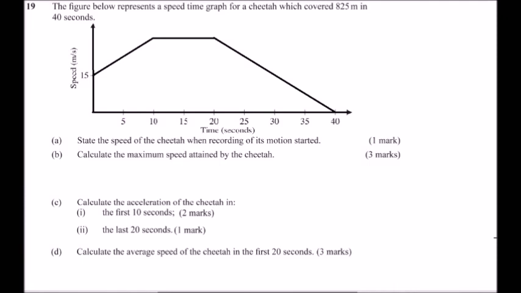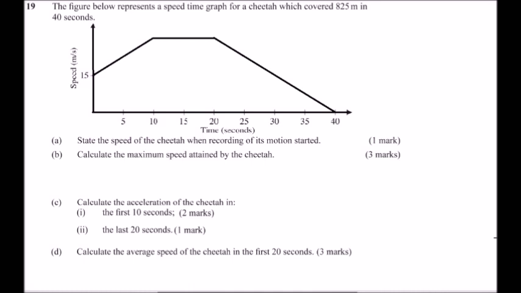Question number 19, we are told the figure below represents a speed time graph for a cheetah which covered 825 meters in 40 seconds. So we have the graph there. The vertical scale is the speed, and the horizontal scale represents time.